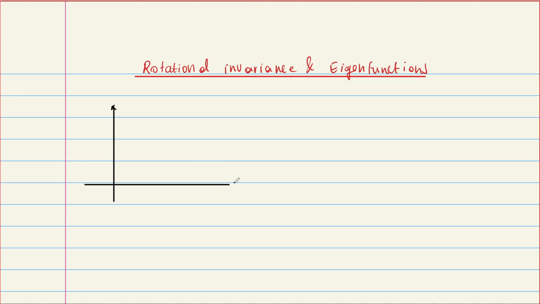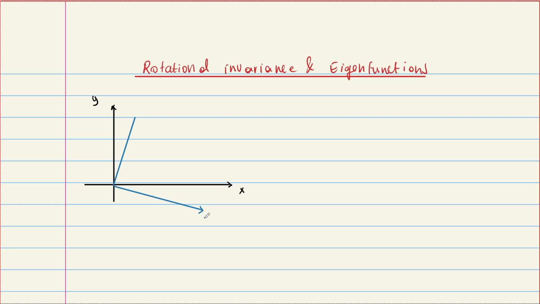For the moment, let me think about simple rotation around the z-axis. So this is x and y, and after the rotation, something like this. I have some rotation by some angle theta.